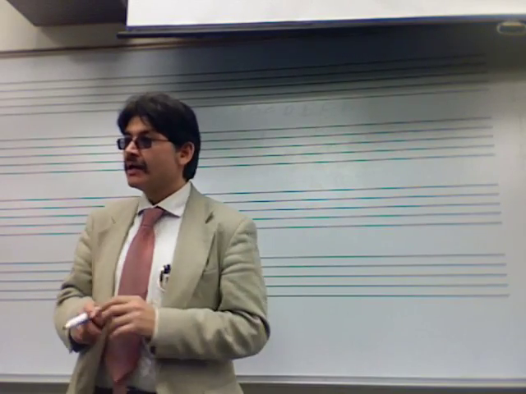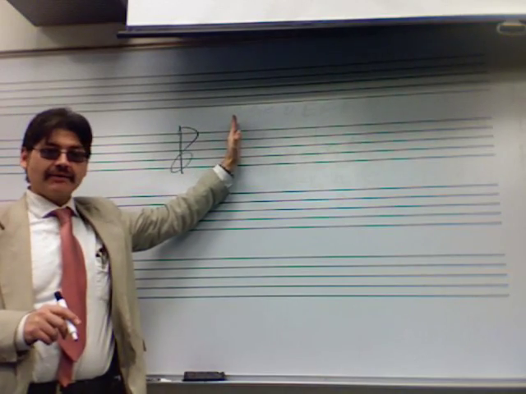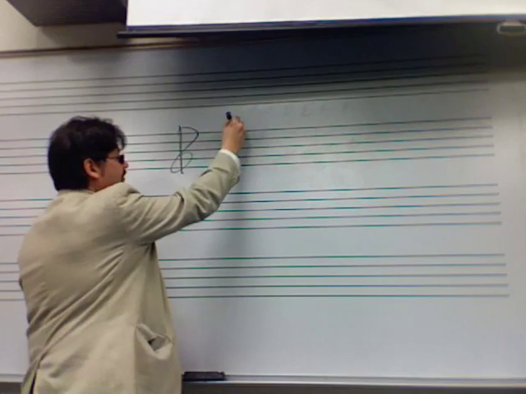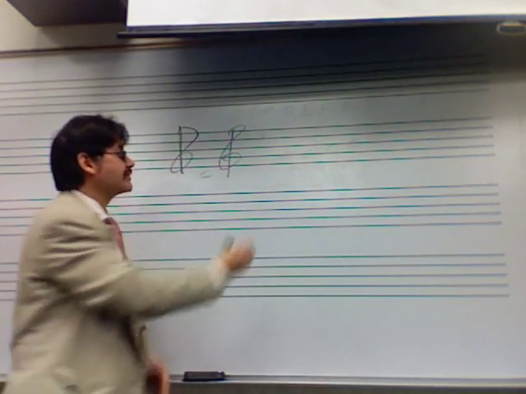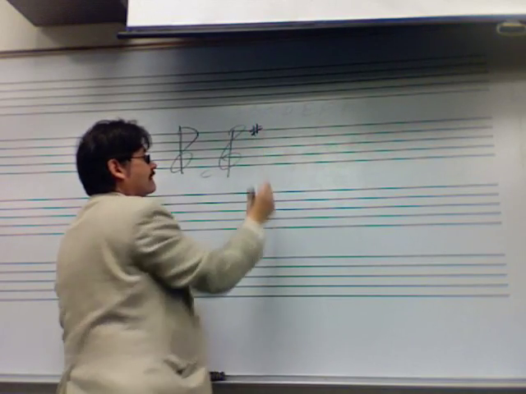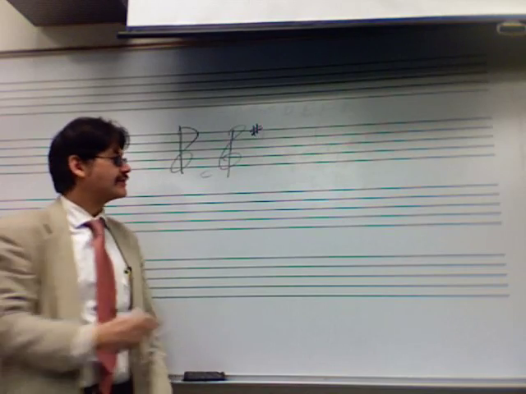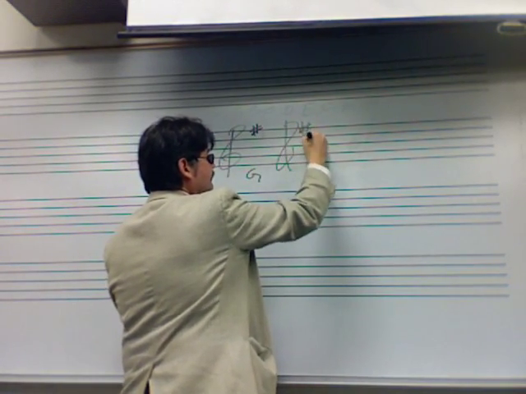All right? So this is the key signature for what key right now? C. This has no sharps or flats. If I do this, what's that the key signature of? G. All right, so that's the key signature of G. That one?